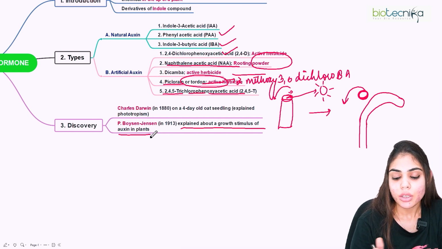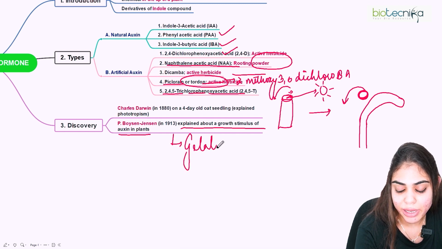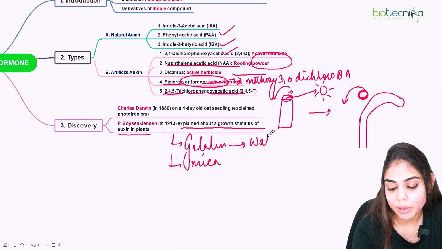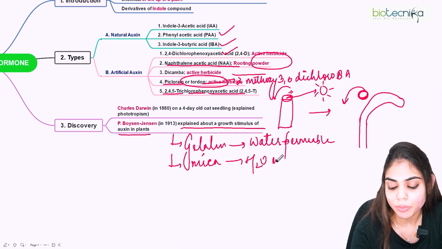So what they did, they took gelatin as well as mica as experimental material, where gelatin is a water permeable block, that is a water permeable compound, whereas mica is water impermeable. That is, impermeable to water.